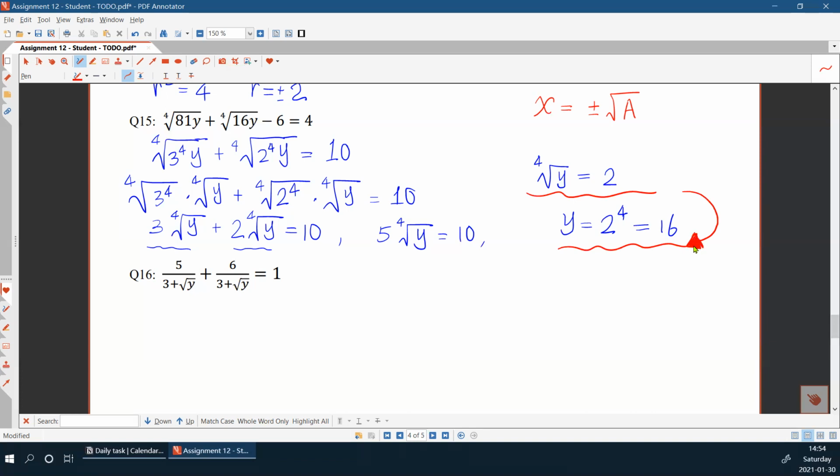If I tell you the fourth root of something is 2, the thing here is actually 2 raised to the fourth power, right? The process here is inversible.